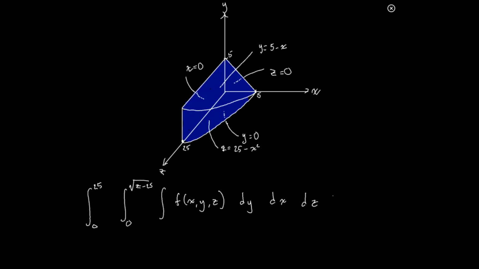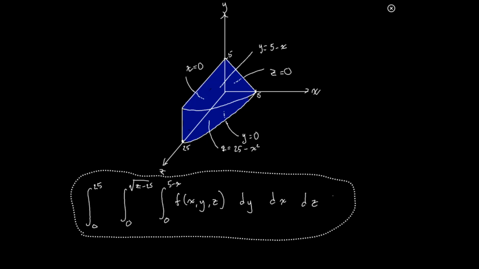So our lower bound is just y equals 0. It's this flat plane down here. And our upper bound is whatever this slope is right here, y equals 5 minus x. Now it needs to be in terms of y, but it already is. So we can go ahead and put that 5 minus x up here. Great, so that's one down. We have our answer for that.